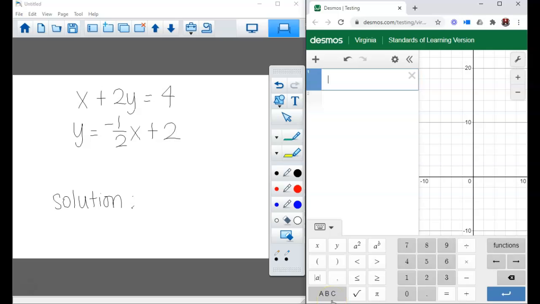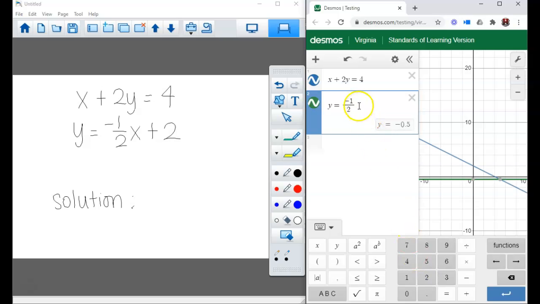Okay, so let's put in that first one, x plus 2y equals 4. So there's that blue line on our screen. Now let's do the second one, y equals, hit your division button first, -1 over 2, and click over here beside, so your x ends up beside the fraction, plus 2. And notice what happened there. You saw your blue line, and then when I typed in that last number, so let me back up for just a minute.